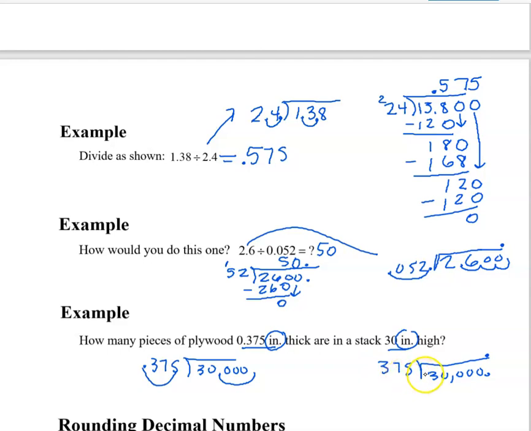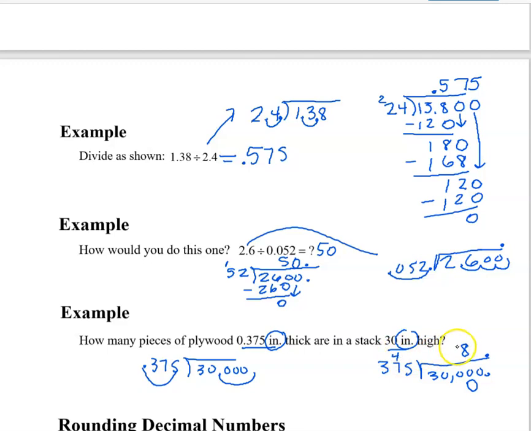Well, 375 won't go into 3, it won't go into 30, it won't go into 300, but it will go into 3,000. Okay, so what should we try there? That might be a guess and check kind of thing, but I'm going to start off with 8. 8 times 5 is 40.